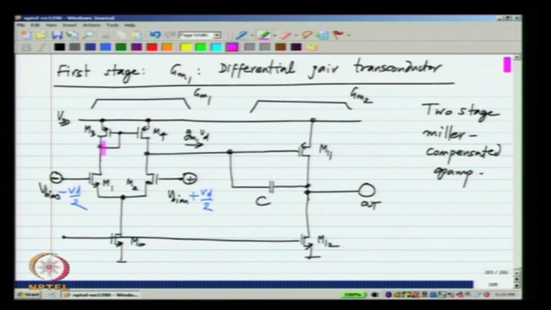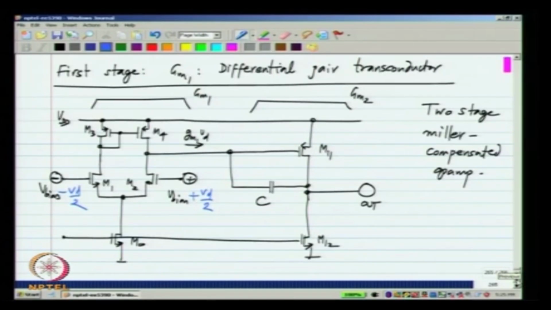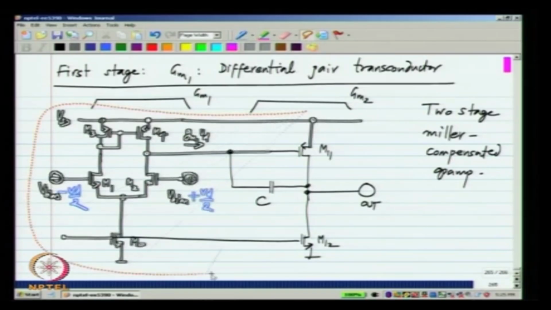So, this GM1 has to be replaced by YM1, which is the transadmittance that includes the pole and the 0. So, if we do all of that, we will get the frequency response of our Miller compensated two stage op amp at the transistor level. Let me copy over this picture.